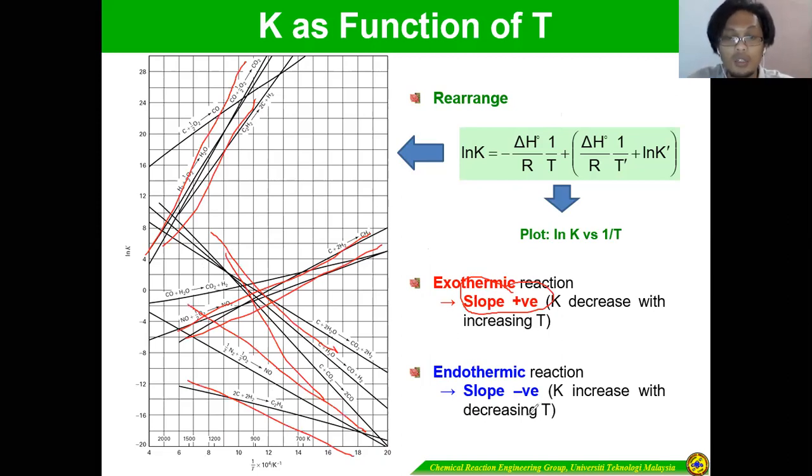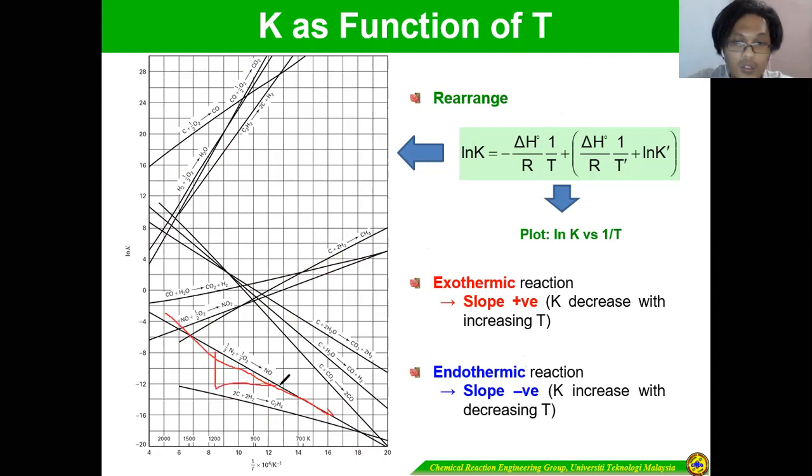K increases with decreasing temperature, so K decreases with increasing temperature. So for this one, with increasing temperature, the slope is positive, and this slope is negative. So that is exothermic and endothermic.